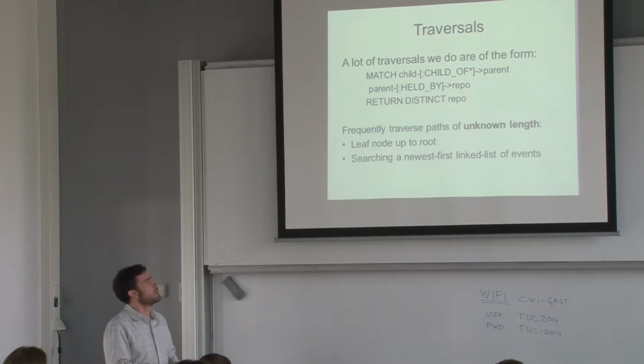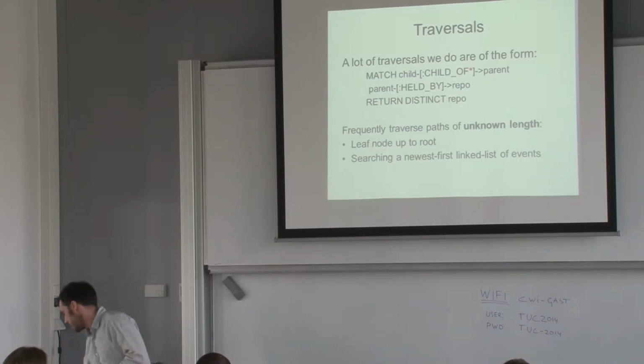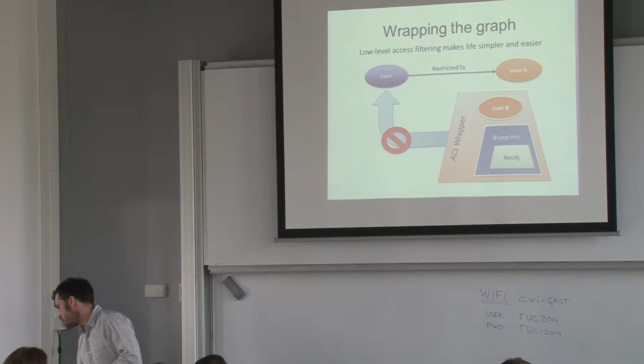And this is very easy in the way we're doing it, mostly coding in Java. It's also quite easy with Cypher. It was quite difficult with the early versions of SPARQL, but I think it might be a lot easier now.